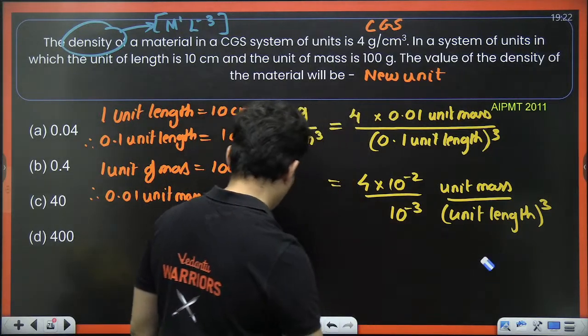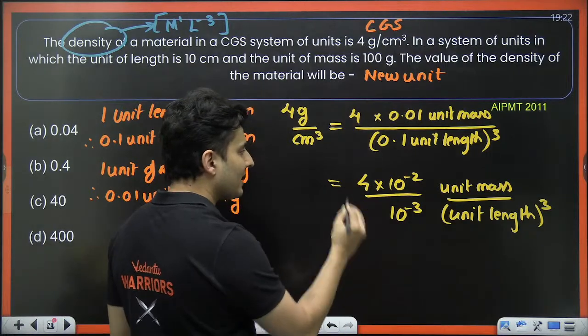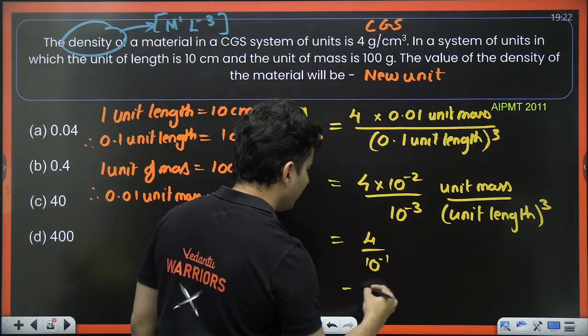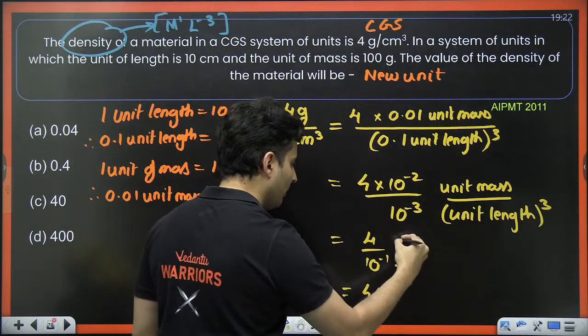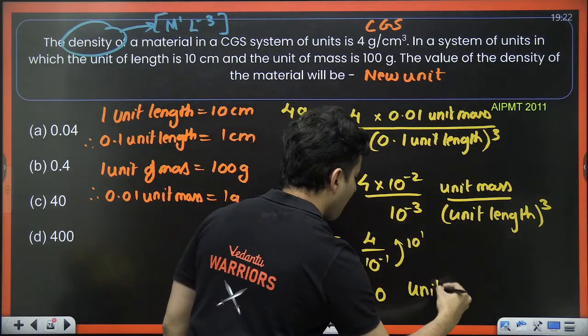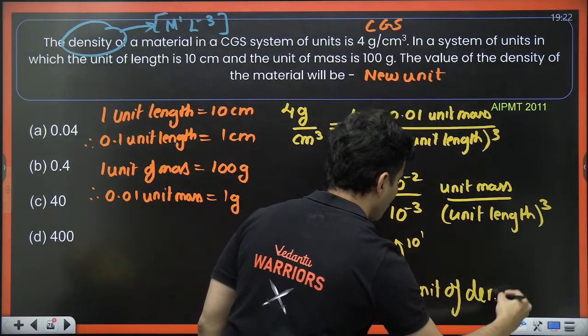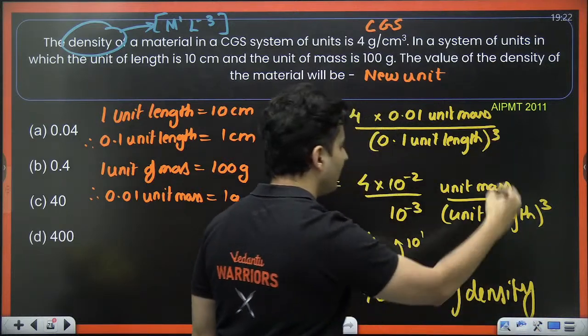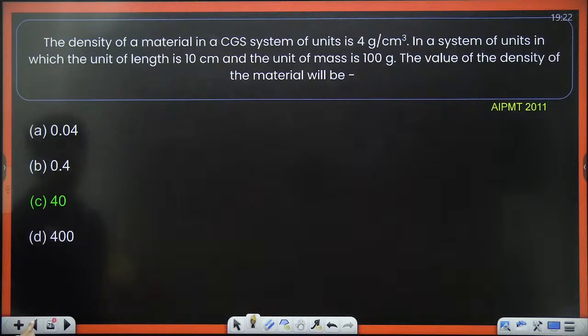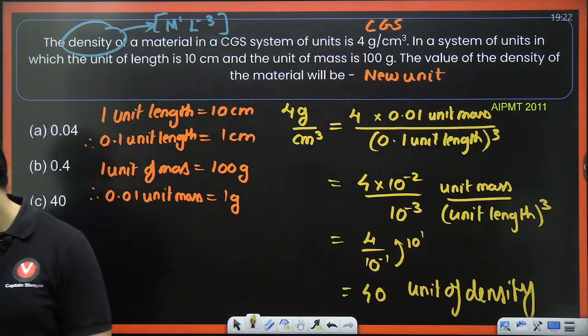It is 40 only. This is equal to 4 divided by 10 to the power minus 1, which is 40. That will go on the top and it will become 10 to the power 1. Yes, 40 unit of density, because mass per length cube is the unit of density, which is option C for Captain Shreyas. Yes, that's it.